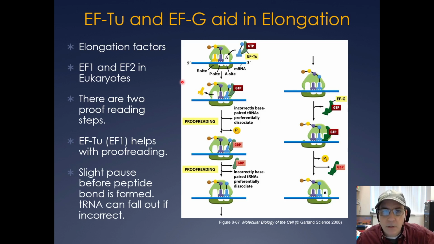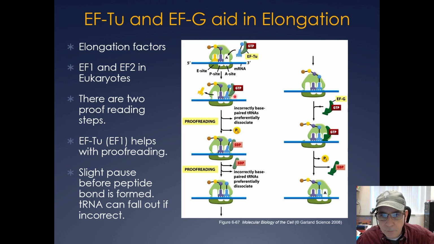Now, this is all aided by elongation factors. Okay, so in bacteria, there's EF2 and EFG, and the way it works is EF2 is a small G protein, okay, and it's bringing in an aminoacyl-tRNA into the A site, okay.